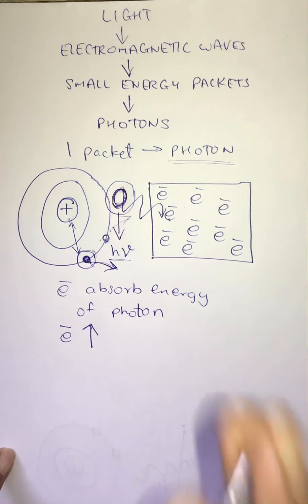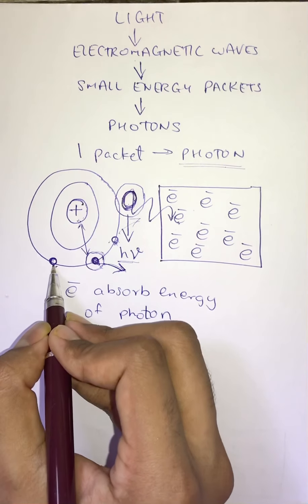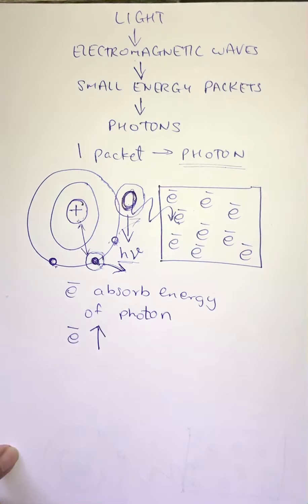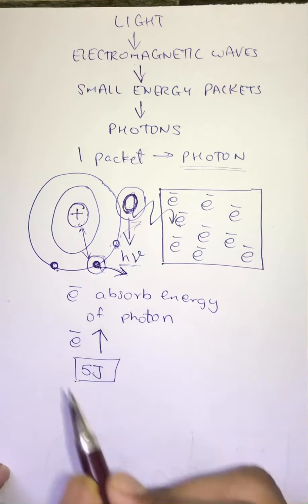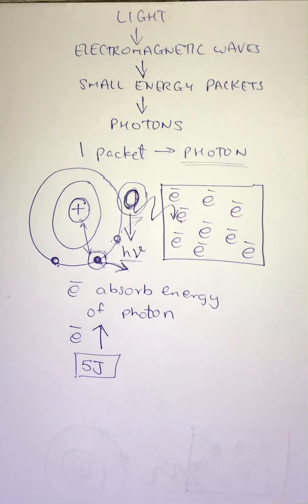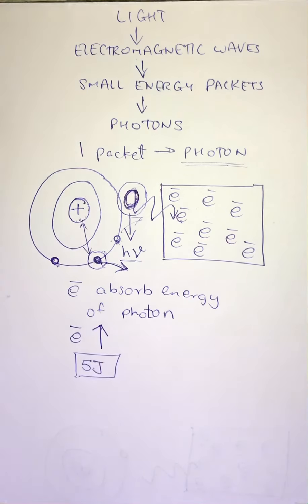Suppose your outermost electron, which I have drawn here again separately because there is a mess over here, wants to get free from the force of attraction of the nucleus. It requires 5 joules of energy. We have just assumed it. This is a pure assumption that the electron requires 5 joules of energy to get free from the force of attraction of the nucleus.